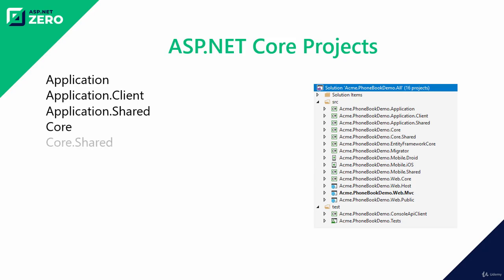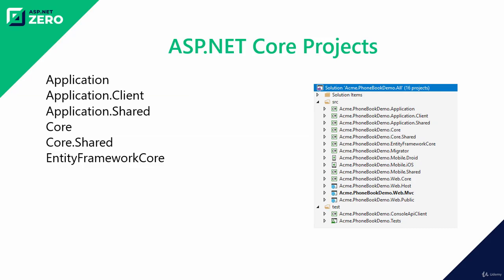Next, we have the Core and the Core Shared projects. The Core project will typically contain entities and domain services, so more the domain layer functionality. And under Core Shared, we can find constants, enums, and other helpers. Next, we can see the Entity Framework Core project. As you may have been expecting, this project will contain all code that has to do with the EF Core implementation.